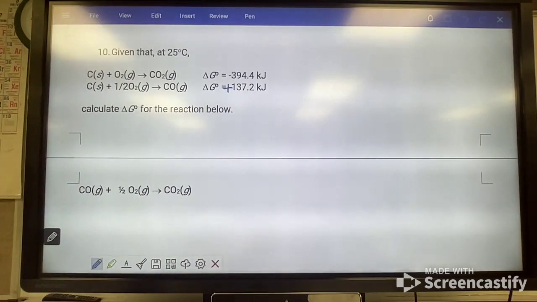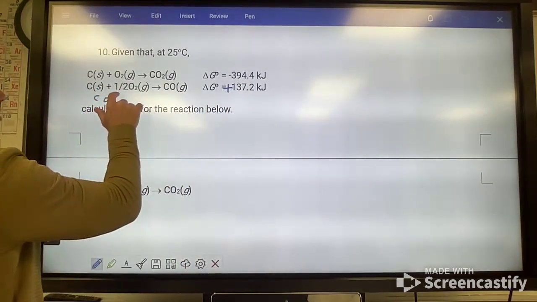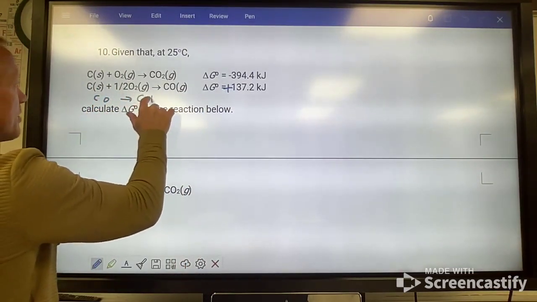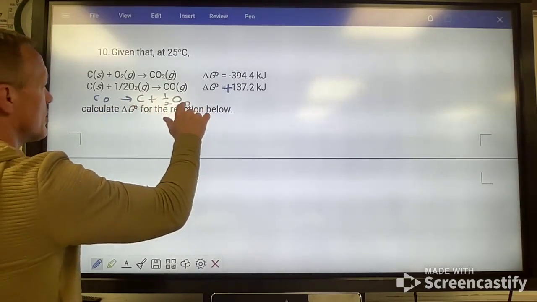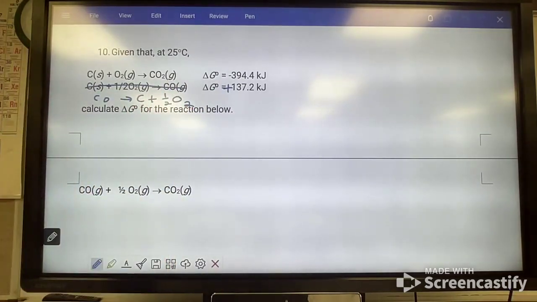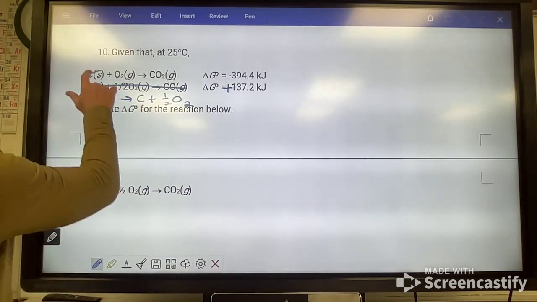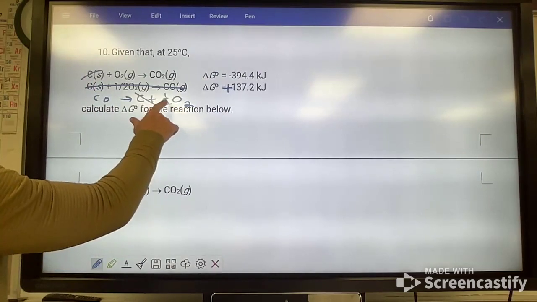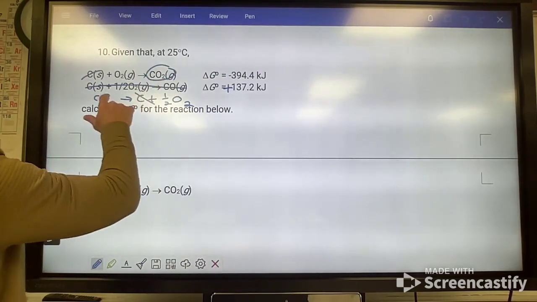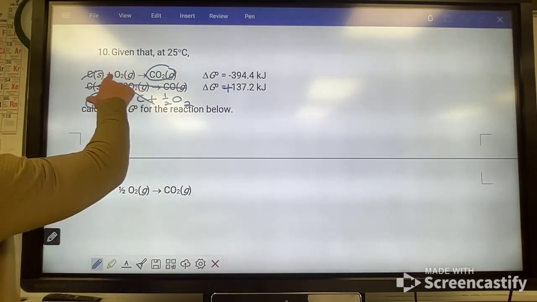And then we'd have CO forming C plus a half an O2. And I think that works out. That gives us a mole of CO. Our carbons will cancel. And we're going to have CO2 there. And our oxygens would be a half on the left.